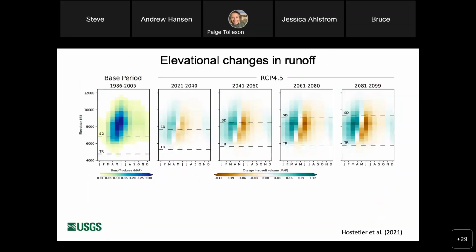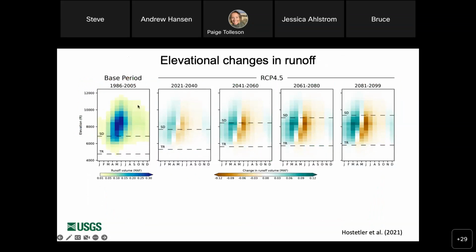And how this plays out in terms of runoff climatologically in the GYA. This figure shows where the runoff is generated through time.